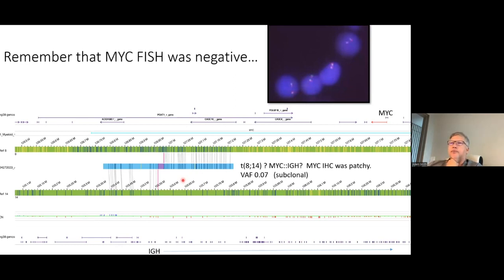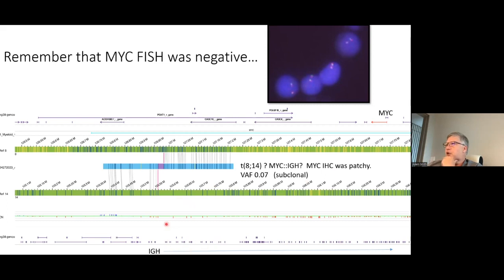The 8;14 is a very low VAF, 0.07. So my thought is that maybe this is subclonal. I think that correlates well with the fact that the IHC for MYC was patchy and might be in just a subset of cells and not all of them. So again, there's something to think about there.